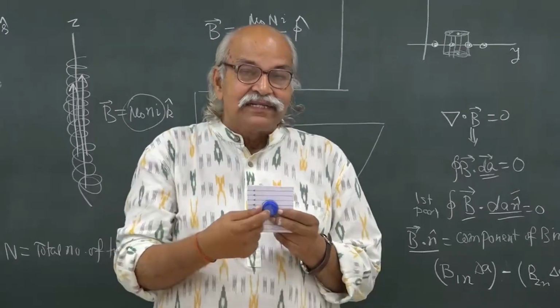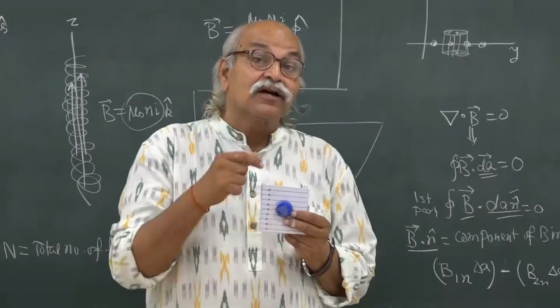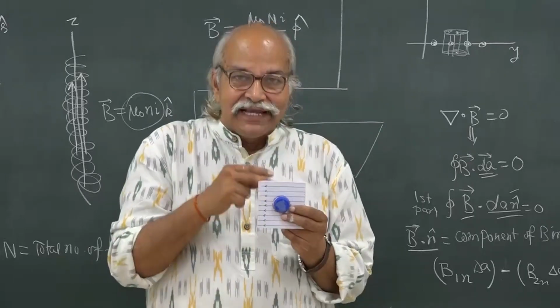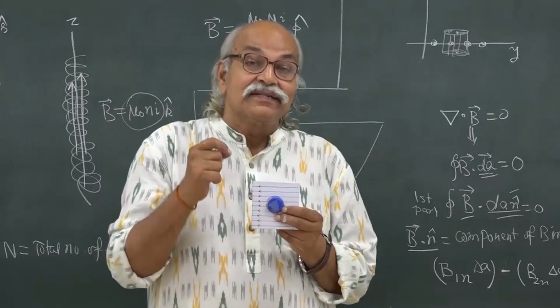So, we say that the normal component of the magnetic field across a surface, as you cross this surface, the normal component of magnetic field does not change.